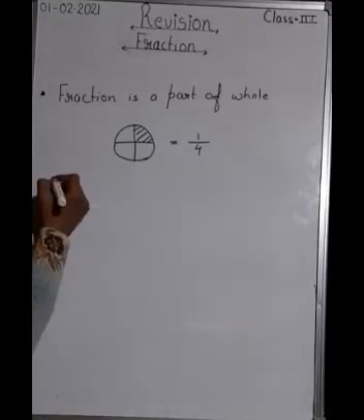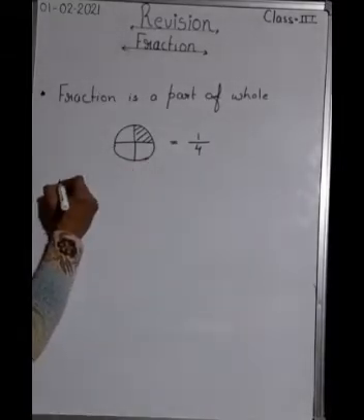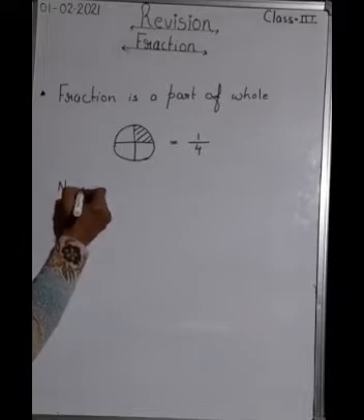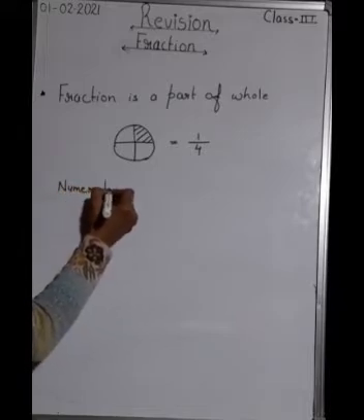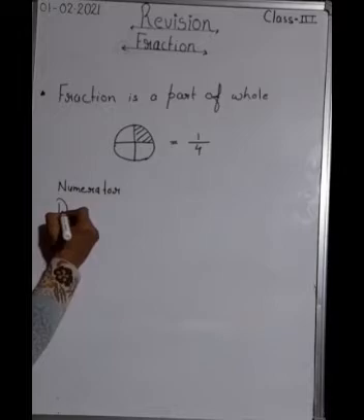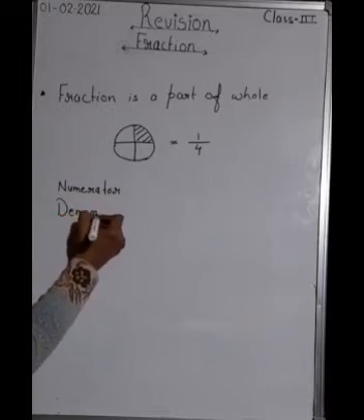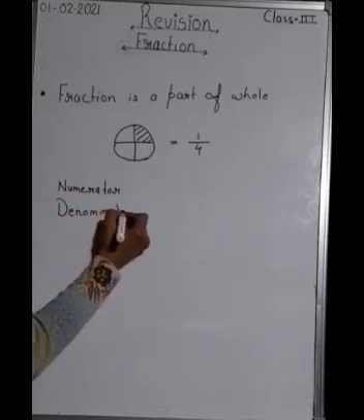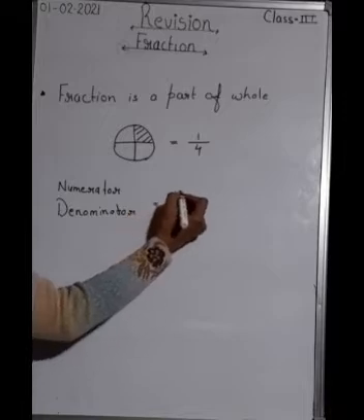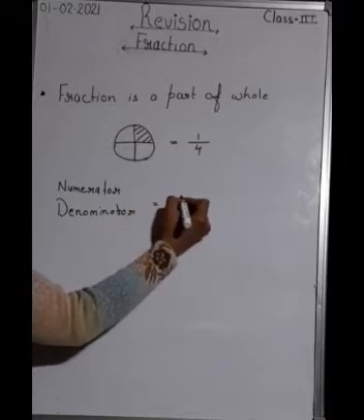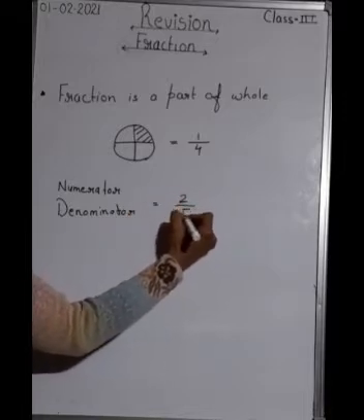Okay. Now, we are having a term, that is numerator and your denominator. Now, what is your numerator? I told you when you are writing a fraction, you are using two numbers like 2 upon 5.